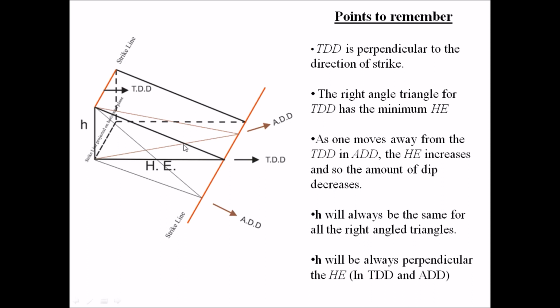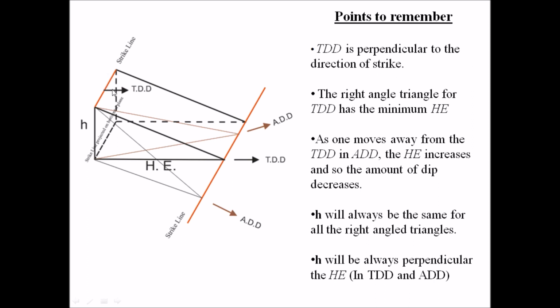Now this is another diagram, just the same right angle triangle diagram, where you can see that I have drawn the true dip direction, the dark triangle in black is the true dip direction triangle, and then you have got two triangles in the apparent dip direction, right angle triangles. Now here we have to remember that the true dip direction is perpendicular to the direction of strike.